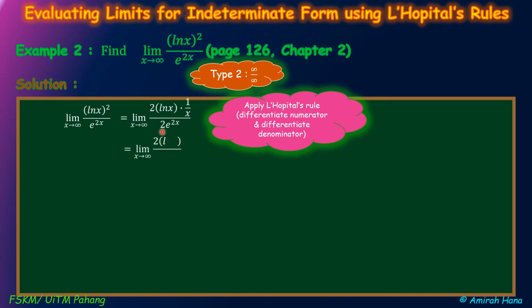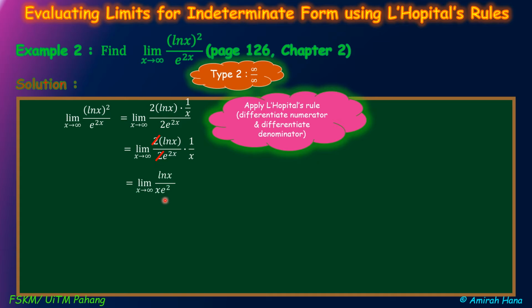Then we have a fraction in a fraction, so we can simplify. Times 1 over x means the whole fraction can be written like this. After that we can cancel 2 from the numerator and 2 from the denominator.